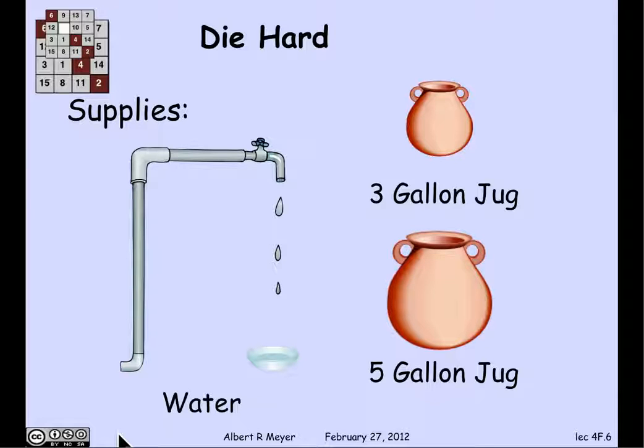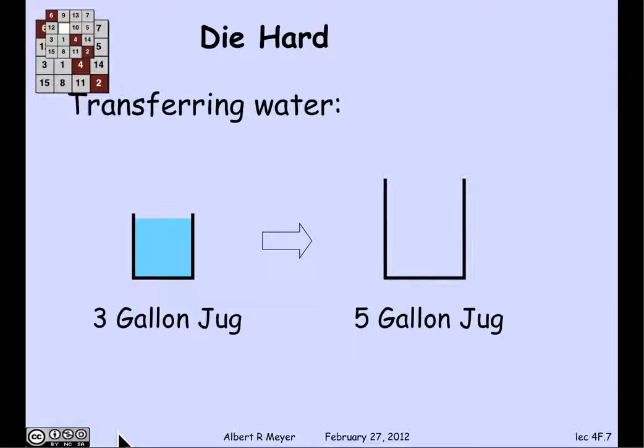So with this setup, you could fill up the 3-gallon jug with water. And then you could pour the 3-gallon jug into the 5-gallon jug. So the 3-gallon jug was empty, and the 5-gallon jug you knew had exactly 3 gallons in it. And then you can do other things like empty a jug and fill a jug, and empty them into each other. So let's model this as a state machine.